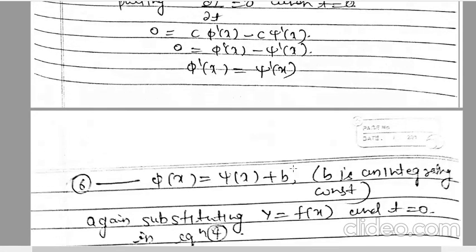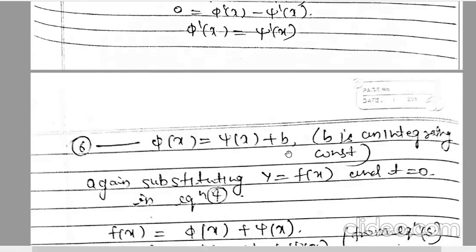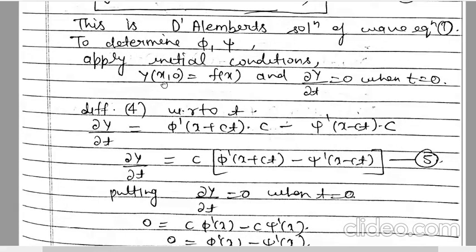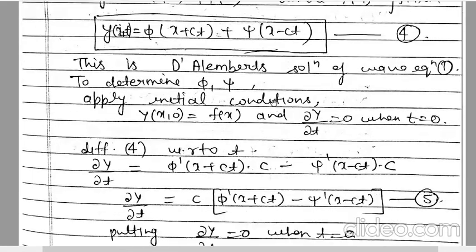Now integrating again, so we can see that φ(x) is equal to ψ(x) plus b, where b is also an integrating constant. Now again substituting y is equal to f(x) and t is equal to 0 in equation 4, because this is our second condition, right? y at x and t is equal to 0 is equal to f(x). So our equation 4 is this one, so just apply here.